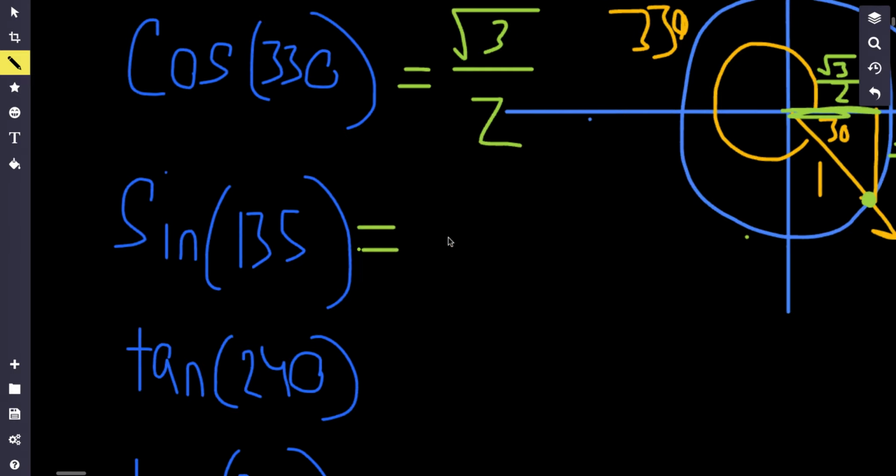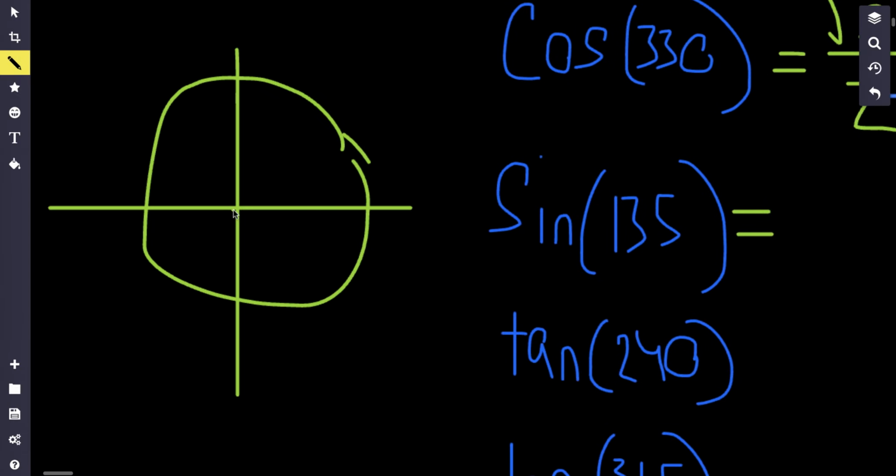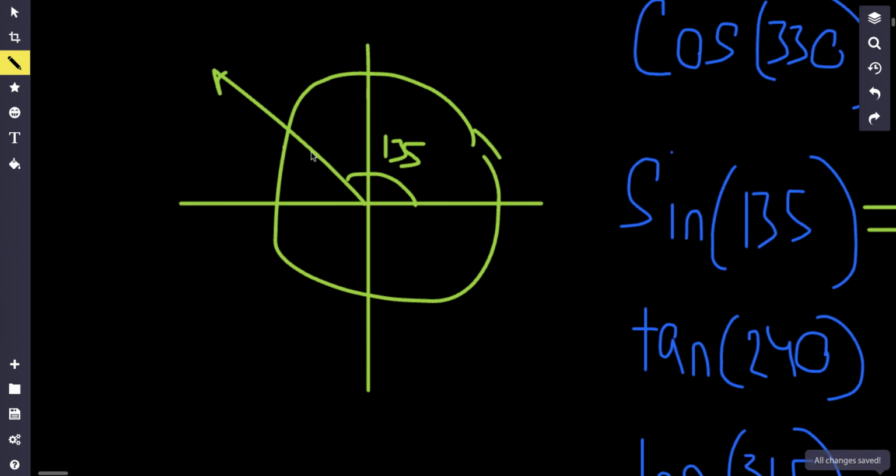Sine of 135 degrees. Once again, do the same thing. Draw out your unit circle. 135 degrees looks something like this. It's going to land in the second quadrant because it's greater than 90 degrees but less than 180 degrees. If this is 135 degrees, this angle right over here is 45 degrees because this whole thing is half of the unit circle, so it adds up to 180.